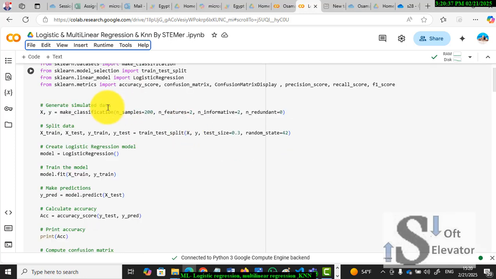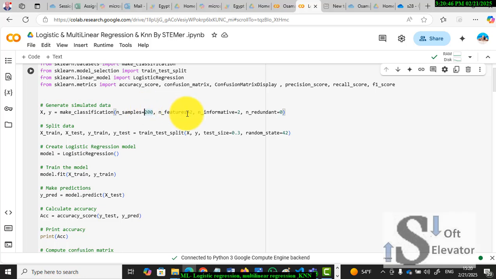Then we will generate data randomly using n_samples 200, n_features 2, n_informative 2, and random state 0. And then split this data into x_train, x_test, y_train, y_test using the train_test_split function, with input x and y, and test size 0.3 with random state 42.